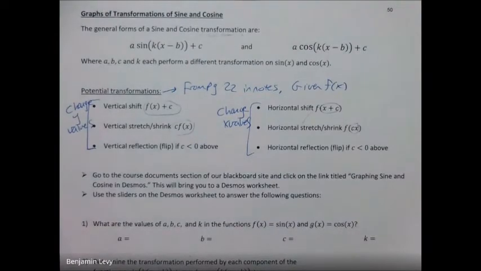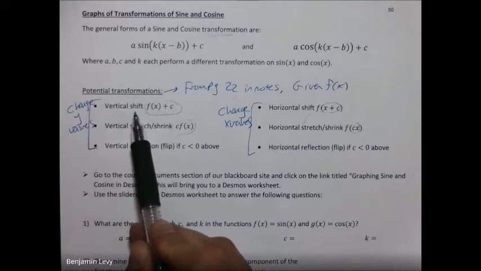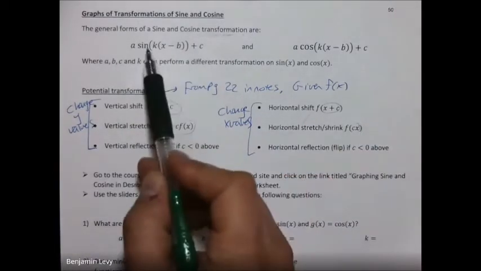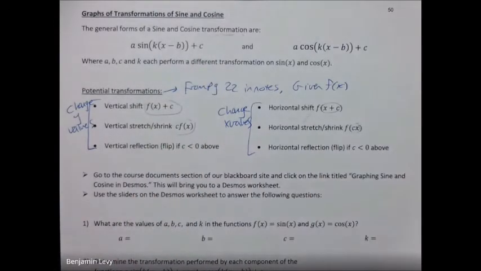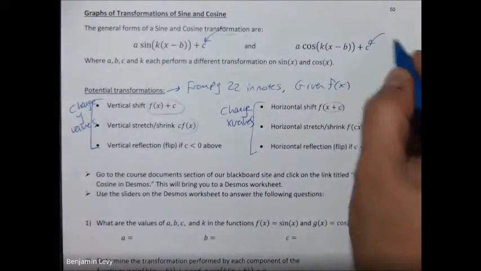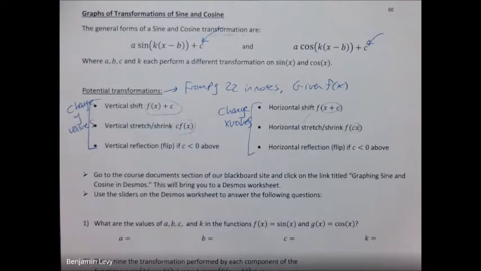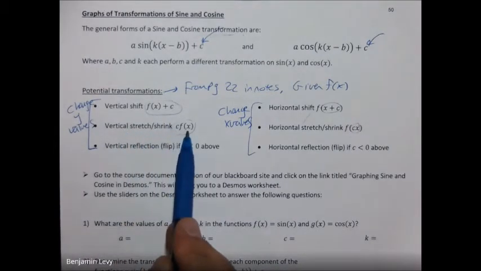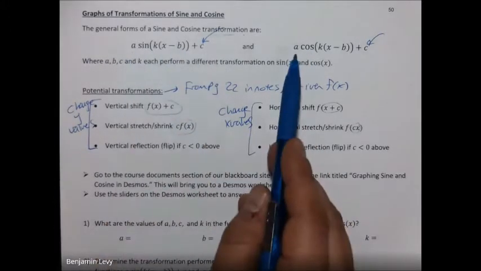Okay. As a quick reminder, when you take a function and add a number, it's a vertical shift, right? Adding these plus c's on the end is taking the function sine or cosine and adding a number to it. So we've got this plus c doing the plus c here. Vertical stretching or shrinking is multiplying the function by a number. Up here, the thing multiplying would be the a on the outside, right?